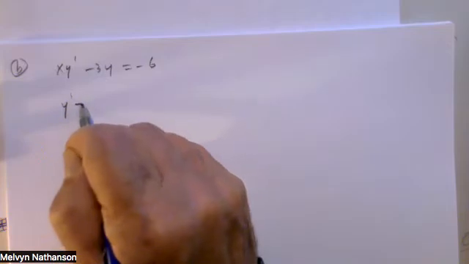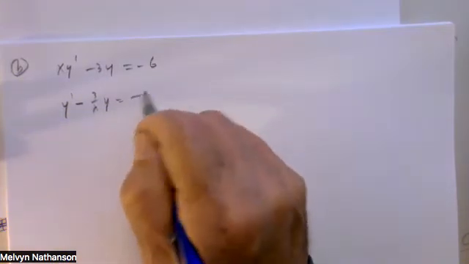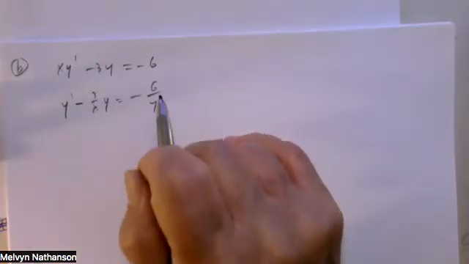or y prime minus 3 over x y equals minus 6 over x.